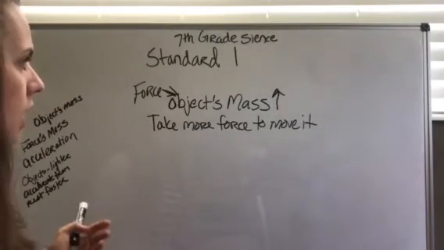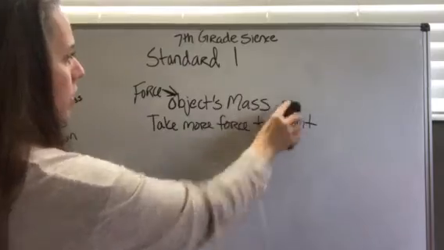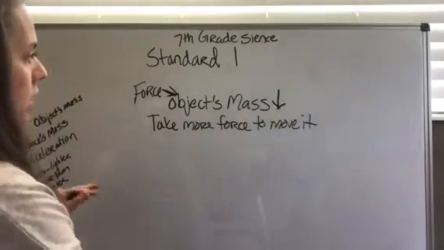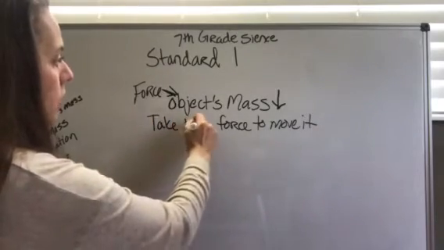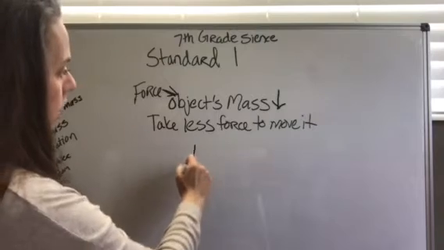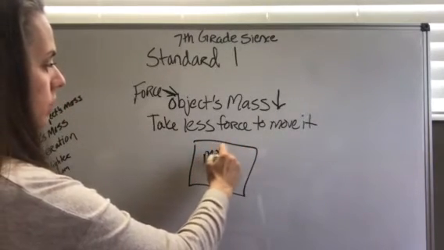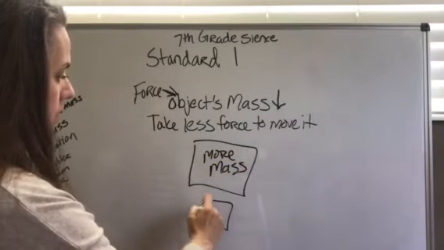Okay, and then a force acting upon a mass that's less mass, an object that has less mass will take less force to move it. So this is a comparison between two objects. This one having more mass and this one having less mass.